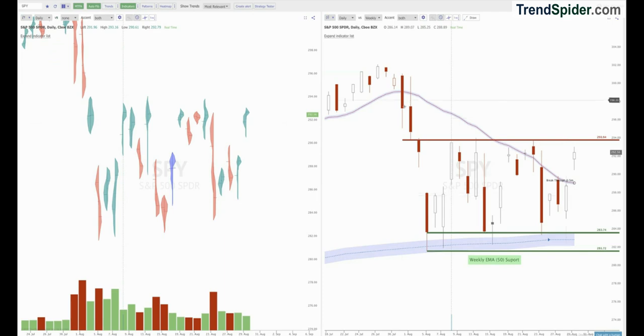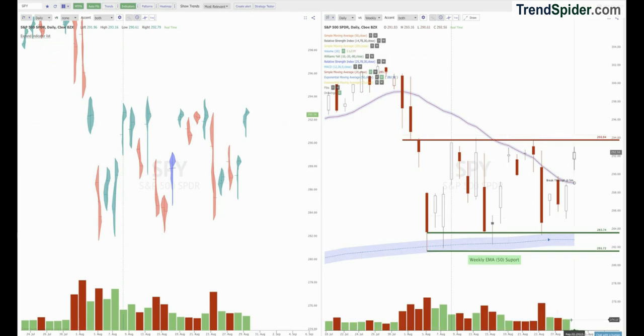We just know if we turn on this volume bar, at least in this bar, you had a decent amount of volume, but it wasn't anything that was really significant. If we go to this bar, we can see that there was a slight uptick in volume in the second half at the top.